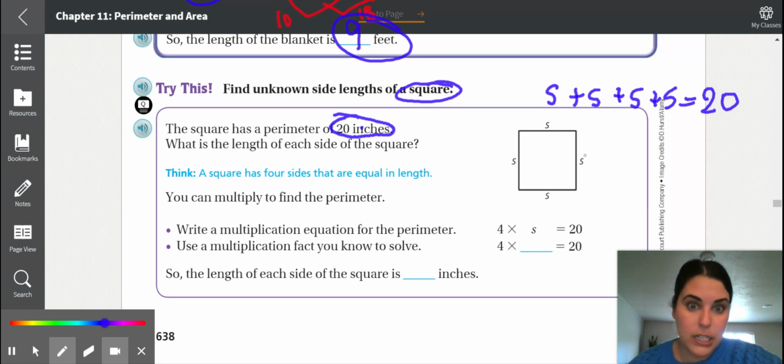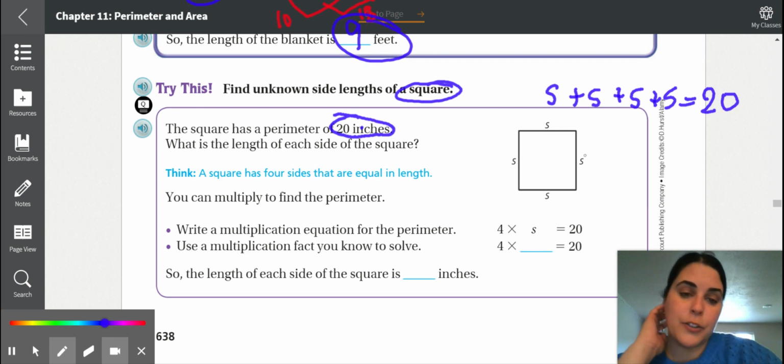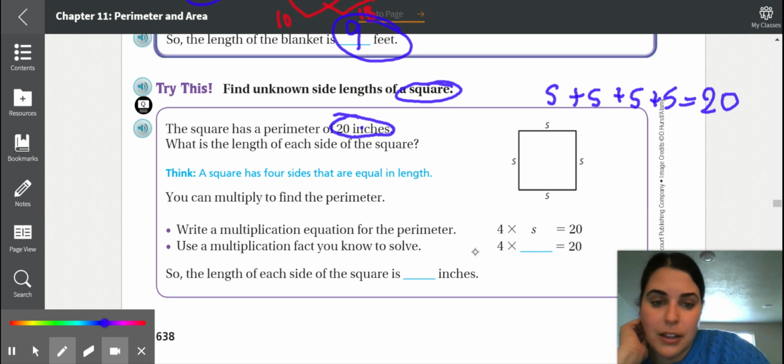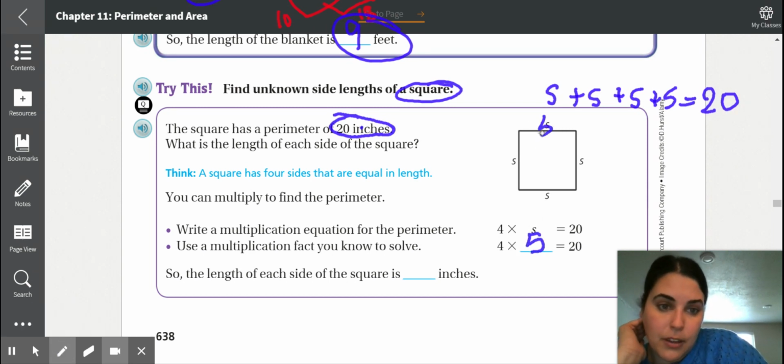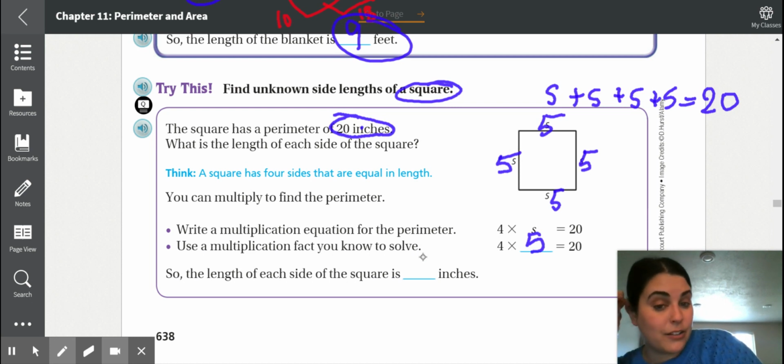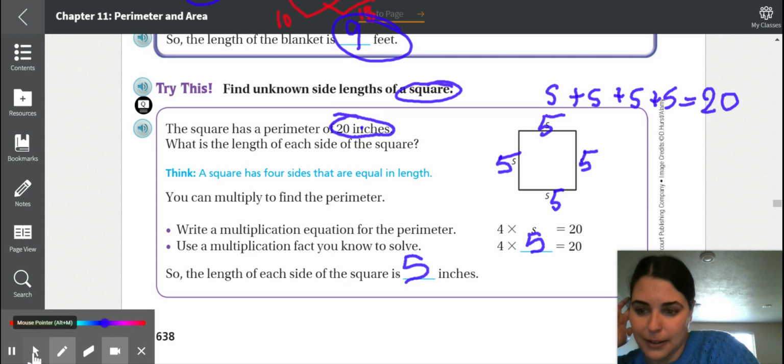So let's count by 4s until we get to 20. 4, 8, 12, 16, 20. So we would know that each side would have to equal 5. 5, 10, 15, and 20. So the length of each side of the square is 5 inches. Okay.